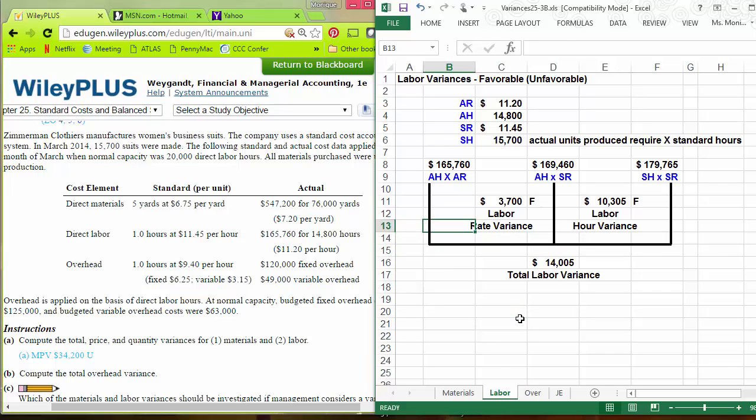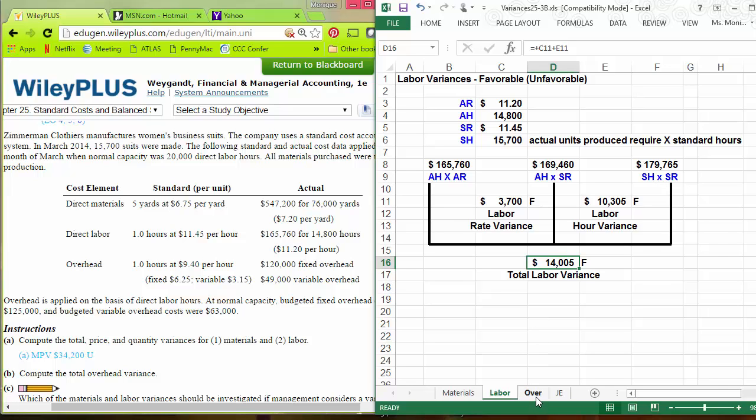So this is dealing with price, first prong. Second one dealing with quantity, also known as hours. And then if you take the net of these two, because they're both favorable, you just add them up and you will get the 14,005. And that 14,005, you can also take the difference between your AH times AR product and subtract it from the SH times SR. And you'll get the 14,005.